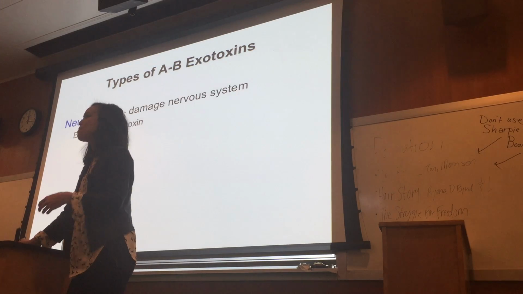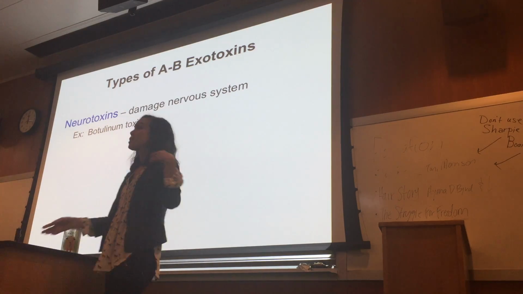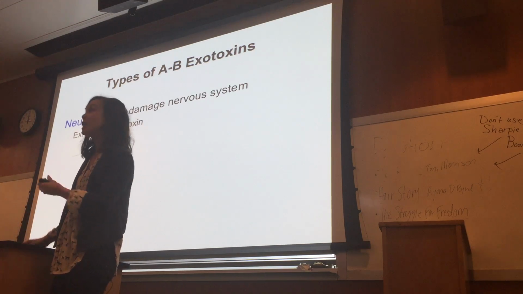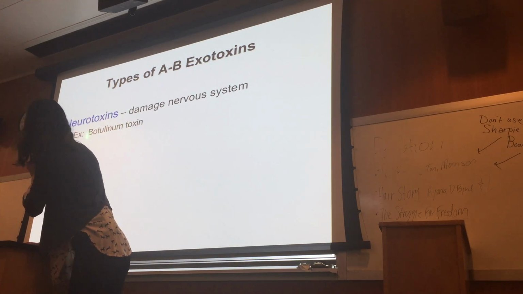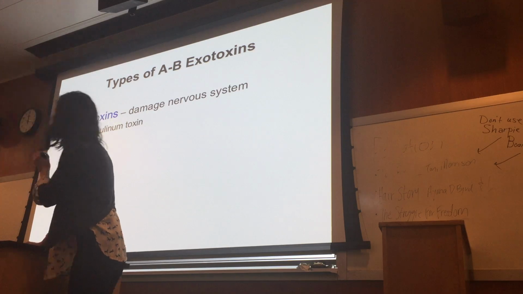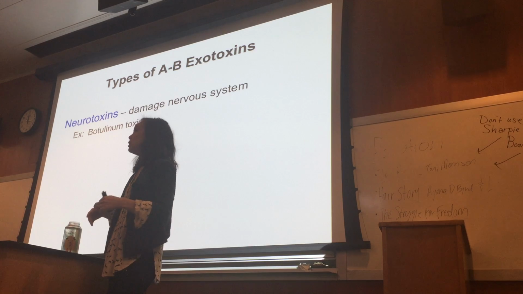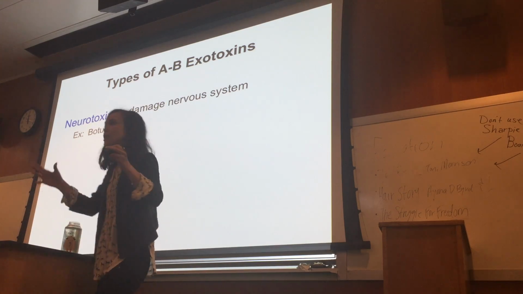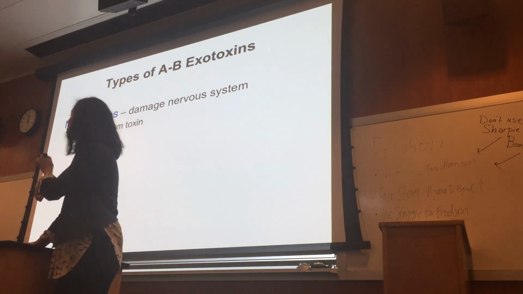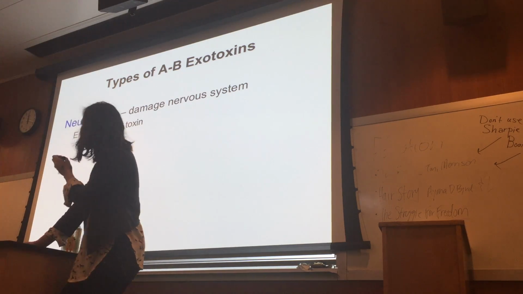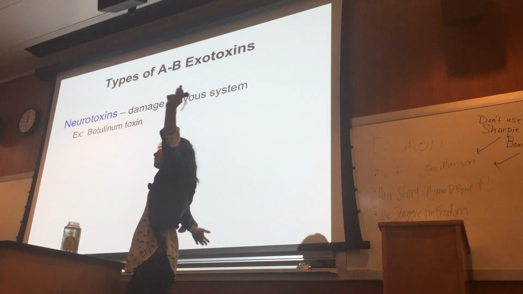So that's basically what Botox is. So when people get their little Botox injections, it's actually made up of botulinum toxin. So you're actually getting toxin injected into your body. And they didn't change it or modify it. It's the straight toxin that they took out from the bacteria. And if you think about this, it's a genius idea.